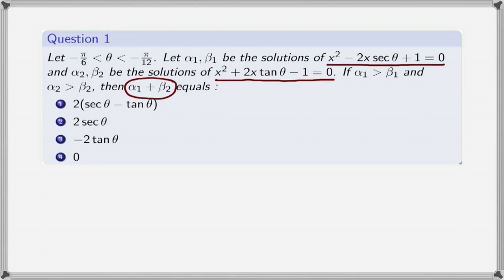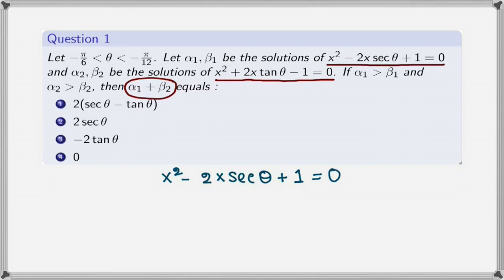So we first consider the quadratic equation x square minus 2x sec theta plus 1 equals to 0.